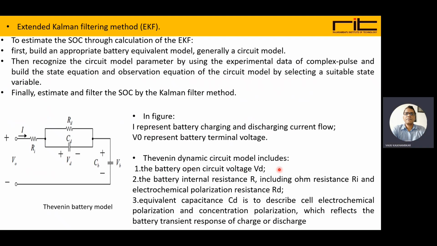The Thevenin's dynamic circuit model includes the battery open circuit voltage VD, the battery terminal resistance R, the ohmic resistance Ri, and electrochemical polarization resistance RD as shown here. The equivalent capacitance CD describes the cell electrochemical polarization and concentration polarization, which reflects the battery transient response during the charging and discharging process.